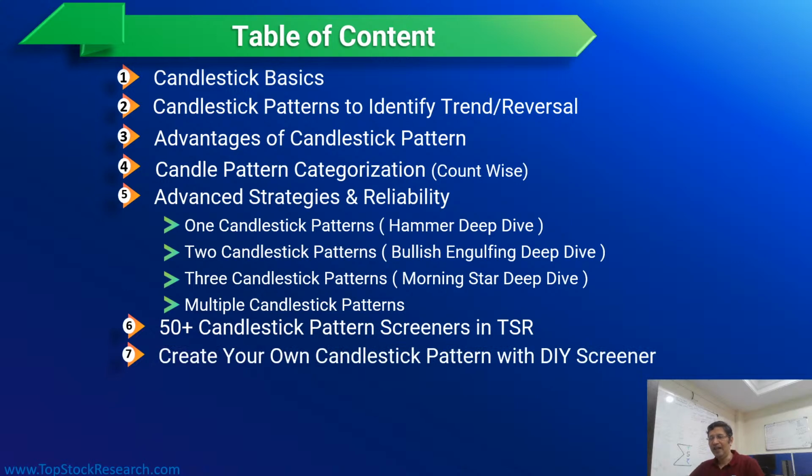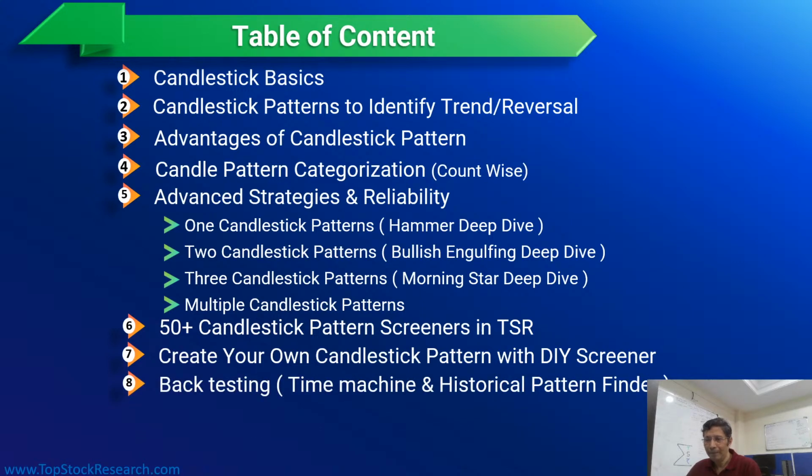Then we'll help you to create candlestick patterns using our DIY screener, so that you are not restricted to these 50. You can create any number of candlestick patterns that fulfills your requirement. Backtesting. How do you backtest these patterns? Currently we have exposed two mechanisms. One is time machine, where you can go back in the history and see in the screener what candlestick pattern was formed at what time. And second is historical pattern finder.